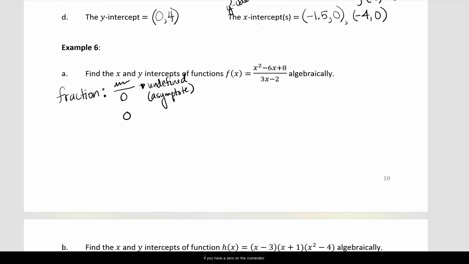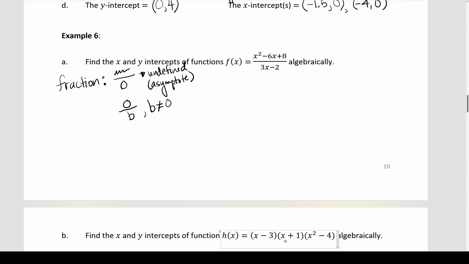If you have a 0 in the numerator and you divide it by something, I'm going to say the b represents what we're dividing by, and the b that we're dividing by does not equal 0, then we end up with 0 over b equals 0.